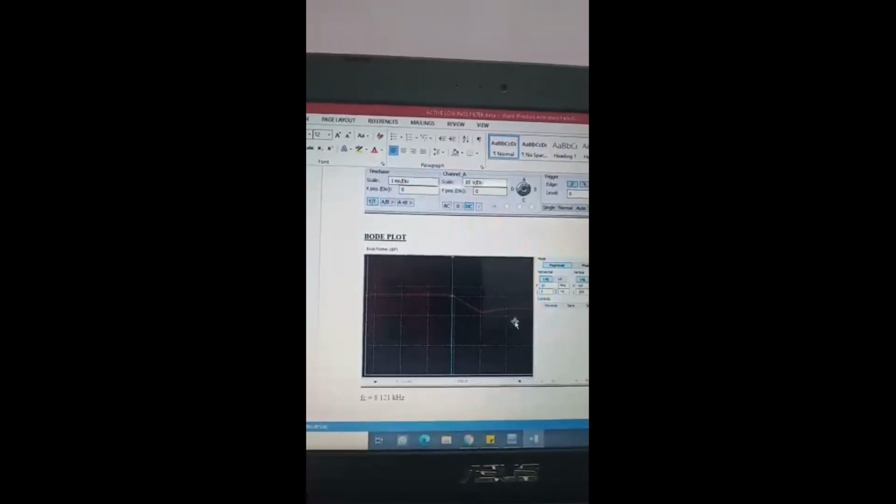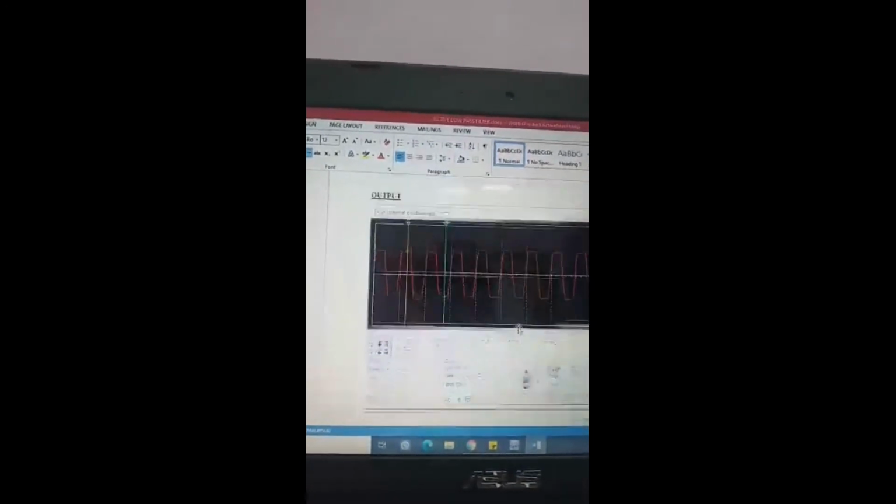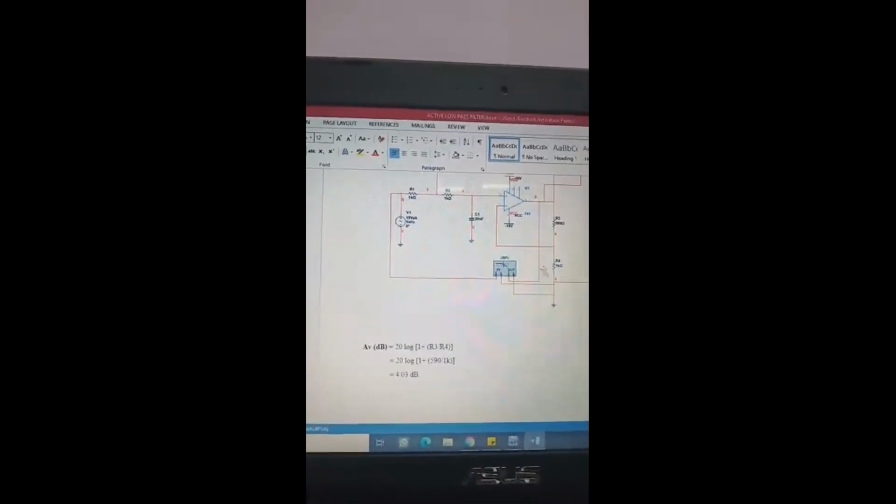But if the input frequency is high, the signal will pass through the capacitor. Thus, the output signal amplitude is increased by the band pass gain. We know that for a non-inverting amplifier, the magnitude of voltage gain is obtained by its feedback resistor relative to the input resistor. We can find the voltage gain here, and this is the voltage gain I just mentioned.